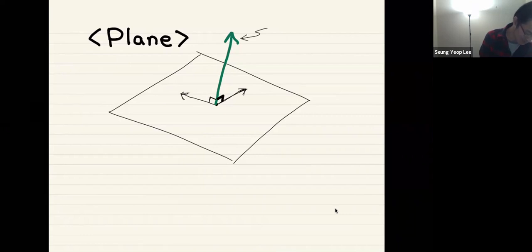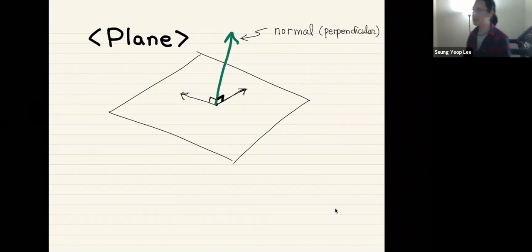So this is the normal vector. Normal is another word for perpendicular. In mathematics, there are many words describing perpendicular characters: normal vector, perpendicular vector, orthogonal vector. They all mean perpendicular, normal to the plane.